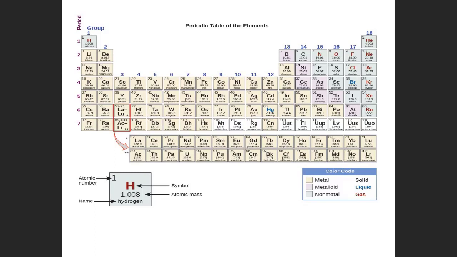Obviously, what is nickel? It's in yellow, so what is it? It's a metal, it's a metalloid, or it's a non-metal? You can write metalloid. You said metalloid. When we look down here, metalloids are in purple.